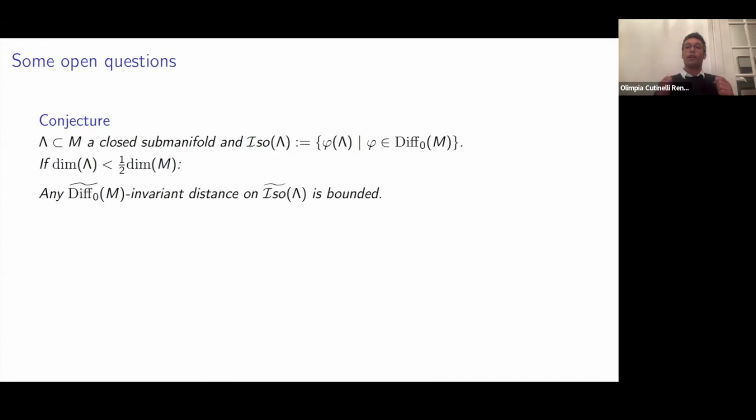So it's really the fact that we added the contact structure that makes the existence of unbounded distance possible. If we forget about contact structure, then it's not possible anymore.